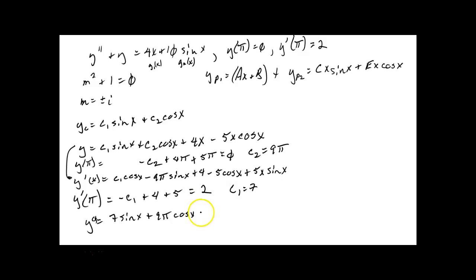I knew I had it down here somewhere. Plus 4x minus 5x cosine x. That should be it. Let's see how they did. Y is equal to 9 pi cosine x. They always like to start with cosine. Plus 7 sine x plus 4x minus 5x cosine x. They got it right. Good for them.